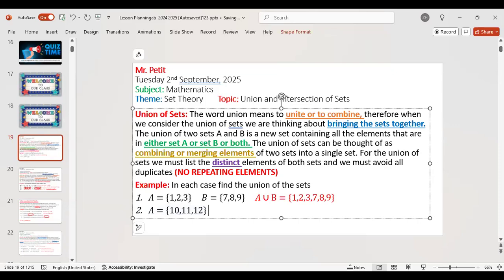And set B is going to have 16, 17, and 19. And we want to find the union of these two sets. So, Nay, how are we going to do it? What's going to be a part of our union?